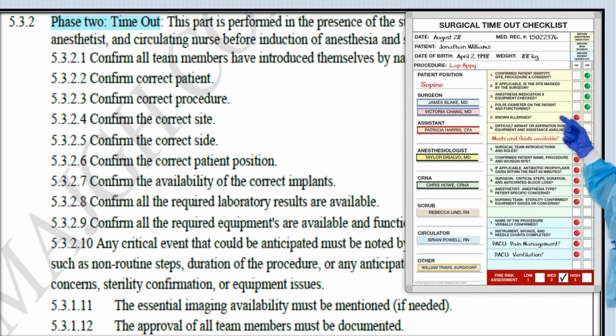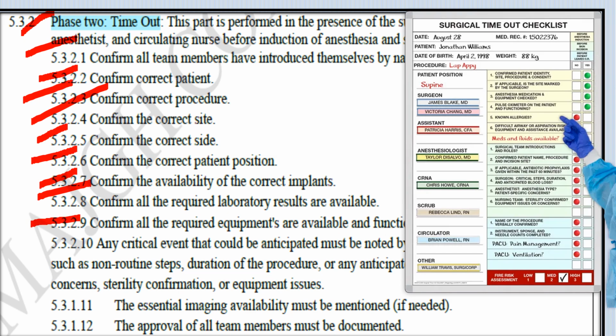Okay, now let's move on to phase 2, timeout. This part is performed in the presence of the surgeon, anesthetist, and circulating nurse before induction of anesthesia, and this should include: confirm all team members have introduced themselves by name and role, confirm correct patient, confirm correct procedure, confirm correct site, confirm the correct patient position, confirm the availability of correct implants, confirm all the required laboratory results are available, and confirm all the required equipment are available and functioning.